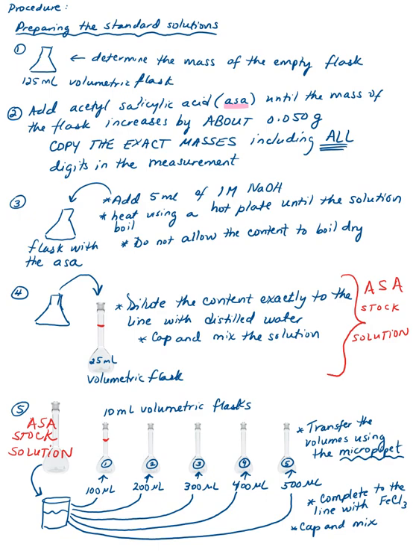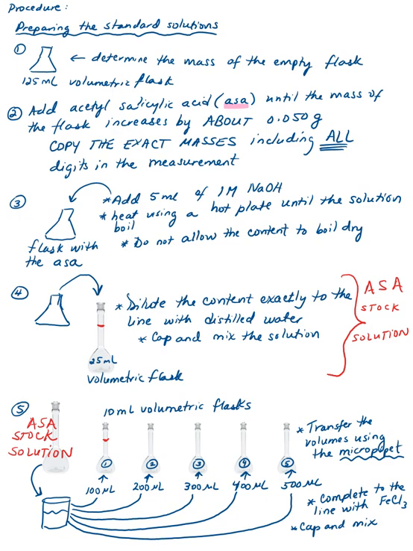Once you transfer everything into your volumetric flask, you're going to complete the volume in your volumetric flask all the way to the calibration line using distilled water. So remember, that calibration line is telling you the total volume of your solution, and that total volume is 25 milliliters. If you pass that volume, you don't know what the total volume is.